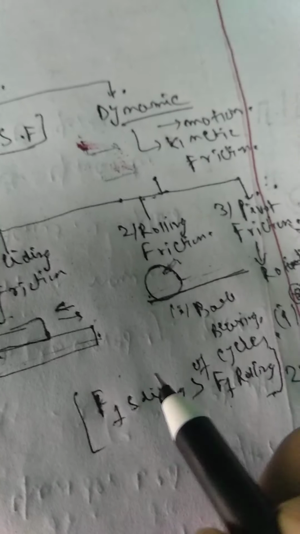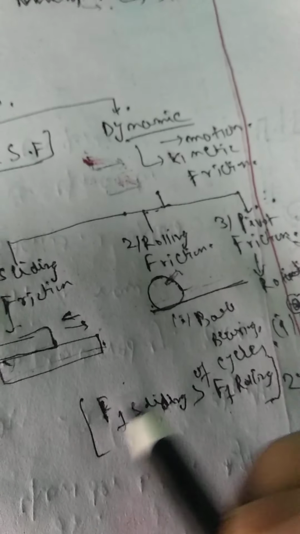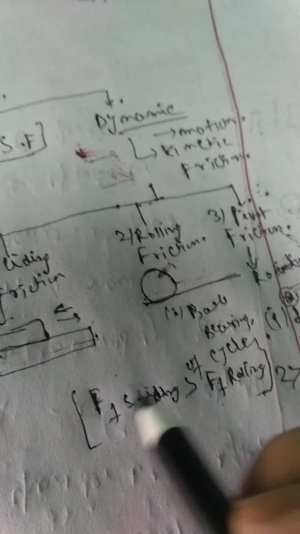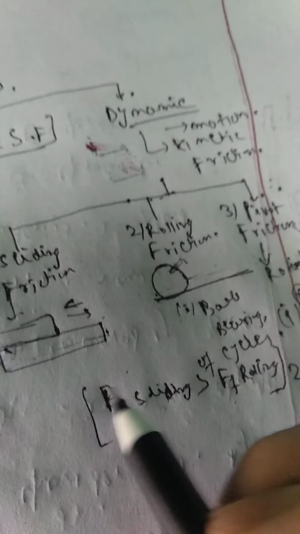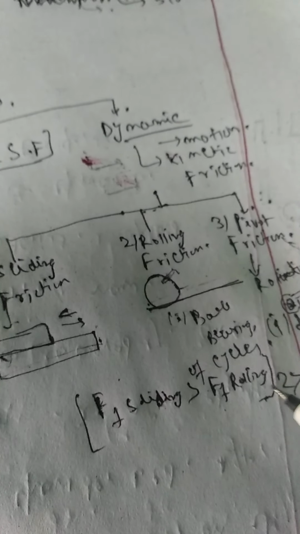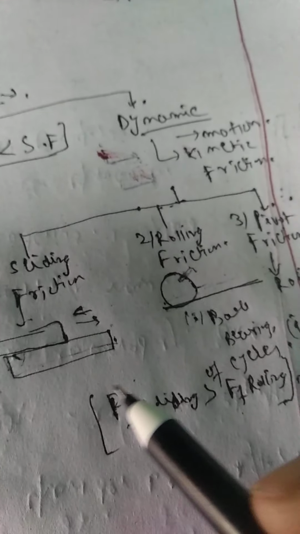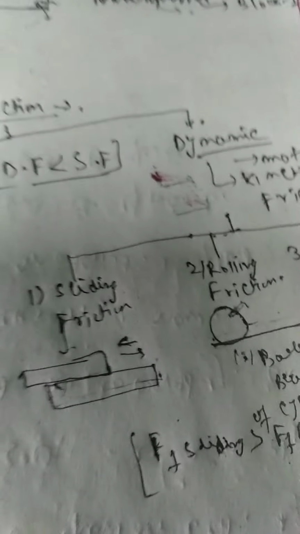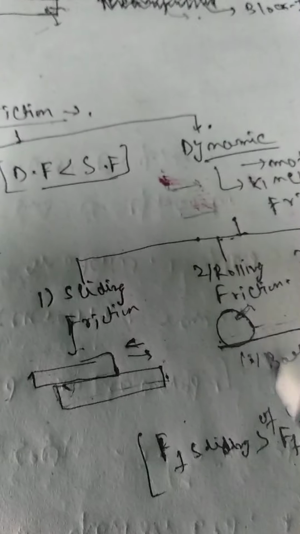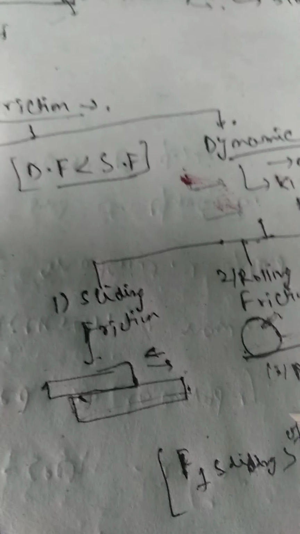That is why you use rollers, so that the force of friction is very less and less energy is spent to overcome it. There are various applications of rollers, and their basic objective is to reduce the force of friction. So this is the broad classification of the types of friction. Very simple.